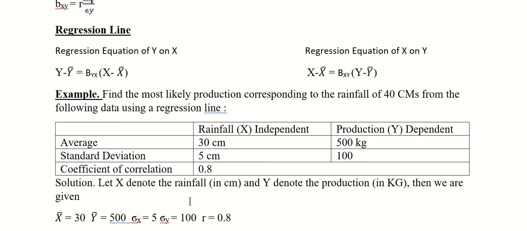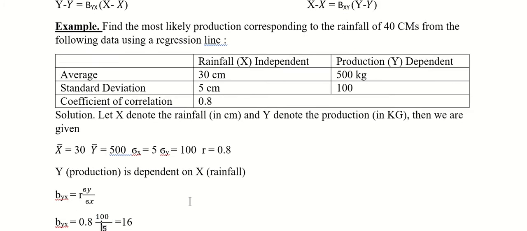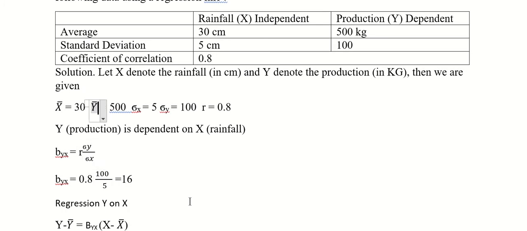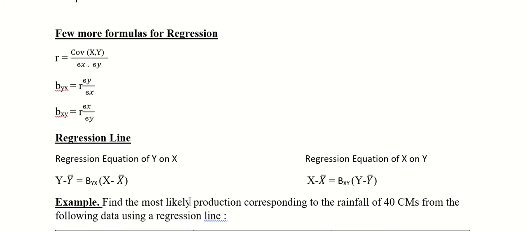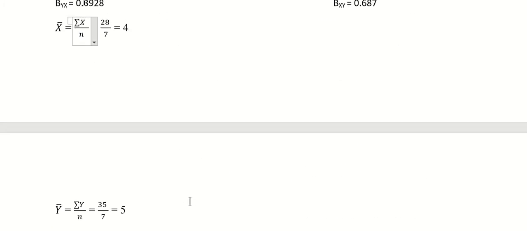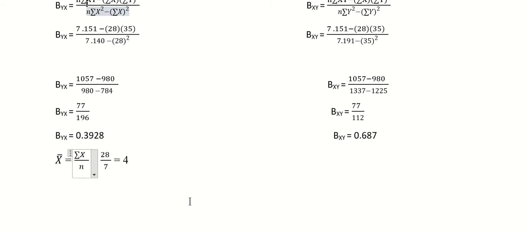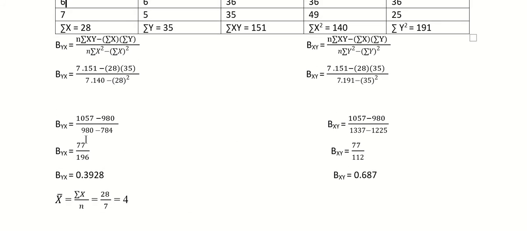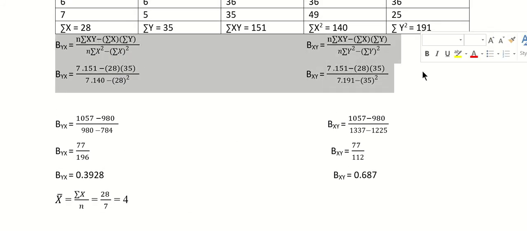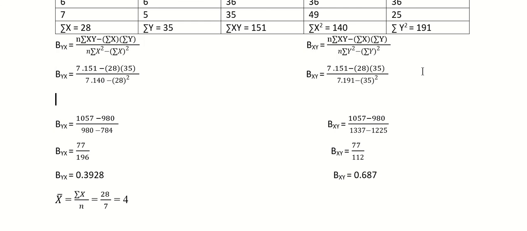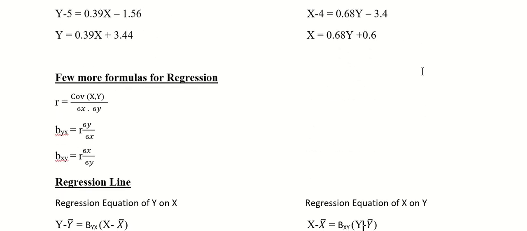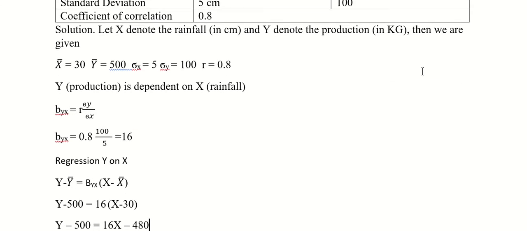Okay, so here we will not apply this formula. This was the simpler one. But here in this question we have to apply the expanded formula which we discussed in the earlier class. Okay, so this is the formula. Now we will calculate beta x on y and y on x.